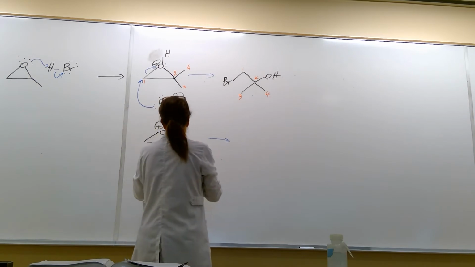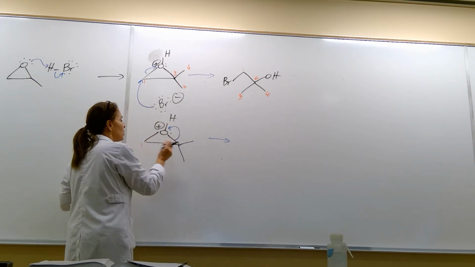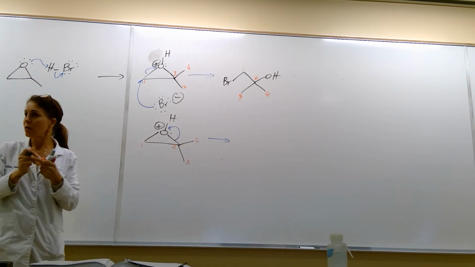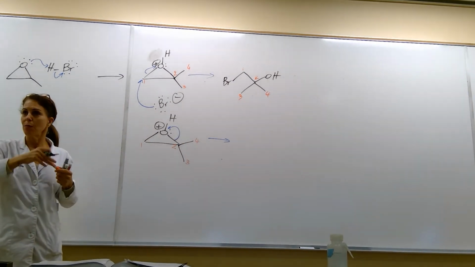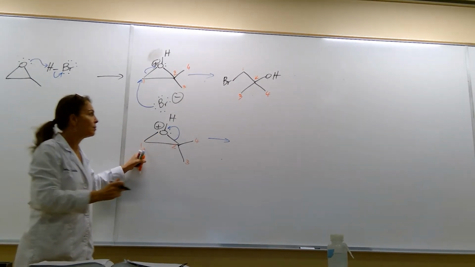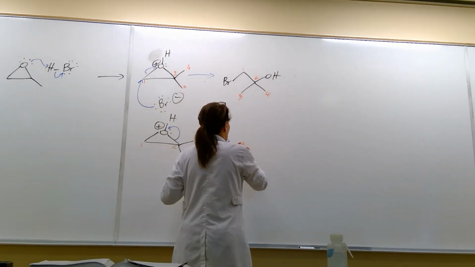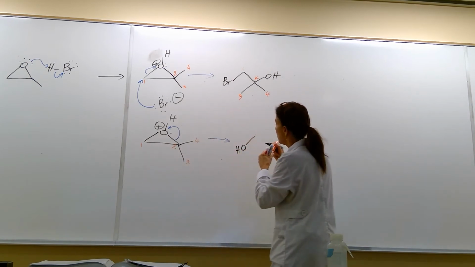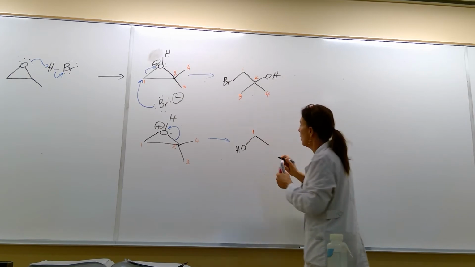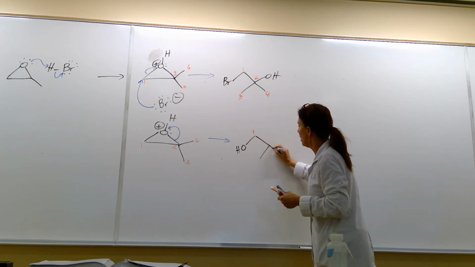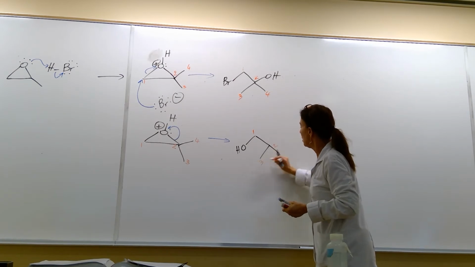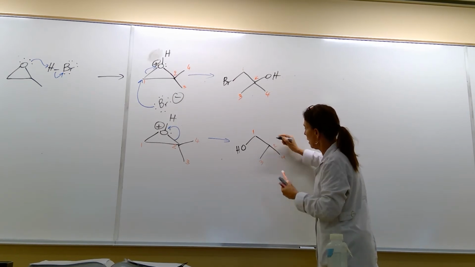So, again, I'm going to call them 1, 2, 3, 4 to keep consistent with the previous scenario. So now the OH is on the 1. That's my 1. And then 1 is connected to 2. And on 2, I have 3 and 4. So this is 2. This is 3. And 4, and it's positive.